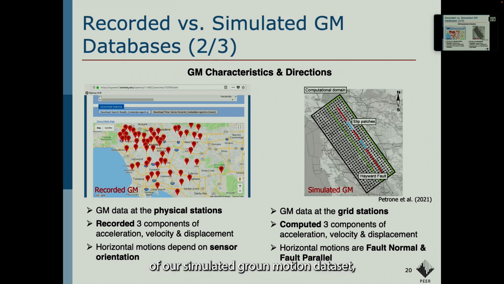In the simulated data set, each grid point has the same directions, which mainly depend on the axes you use in the simulation domain. The two common axes are fault normal and fault parallel, because of the reasons we heard yesterday about rupture directivity effects and the fling step and so on.